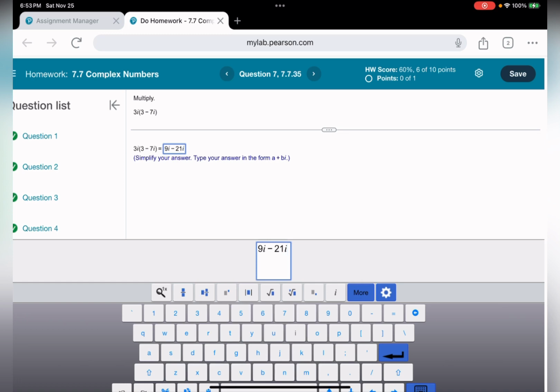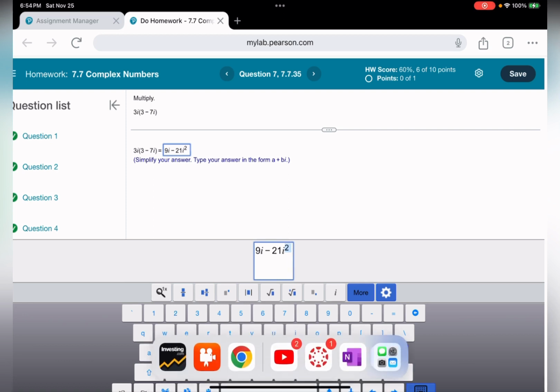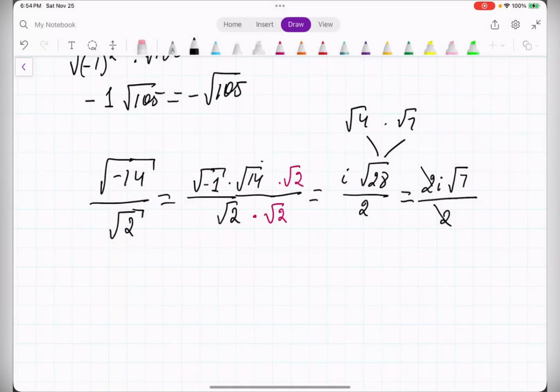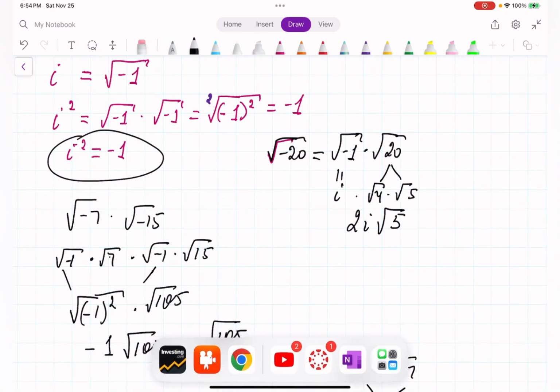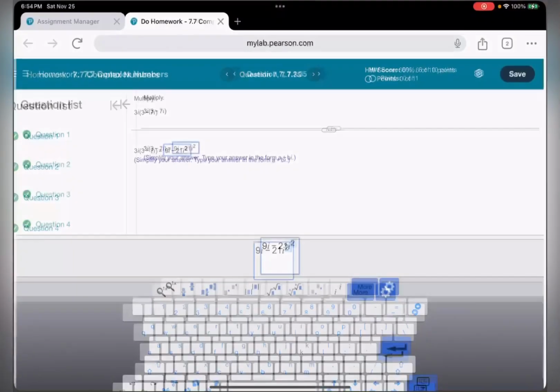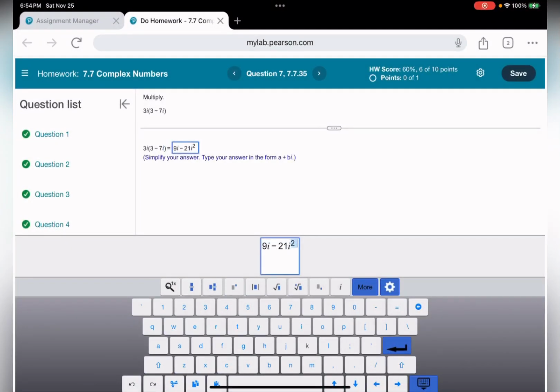Oh, both of them are i, 3i and 7i. So it's going to be i squared, right? And because we know that i squared is equal to negative 1, our i squared is going to be treated as a negative 1. And since we have negative 21, with this another negative, it's going to become positive.